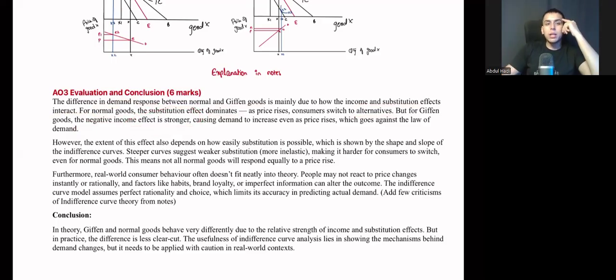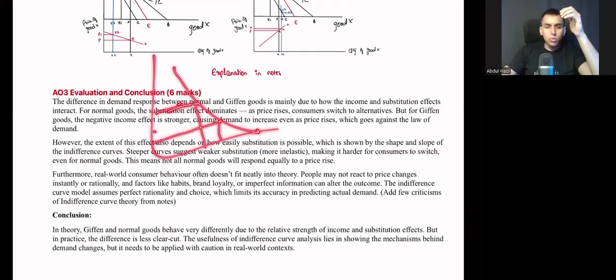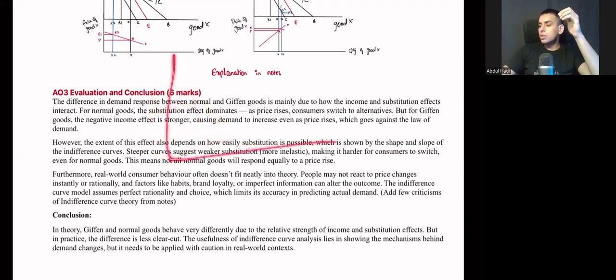We just learned about that. However, the extent of this effect also depends on how easily substitution is possible, which is shown by the shape and slope of the indifference curve. If the indifference curve is steeper, this suggests a weak relation between two commodities. But if the indifference curve is flatter, this suggests a very close relationship between commodities.